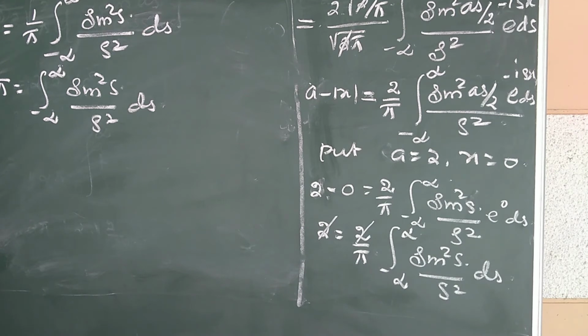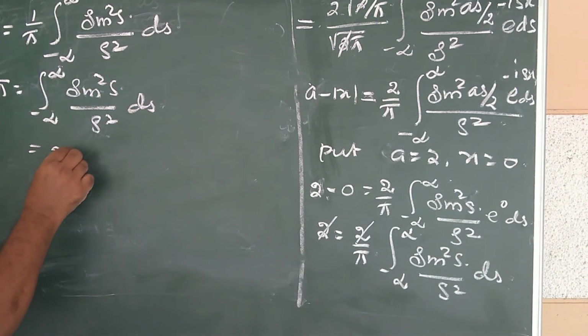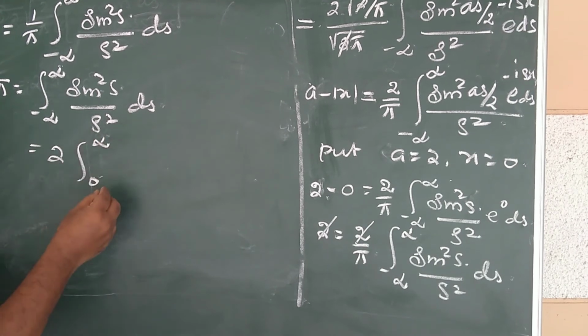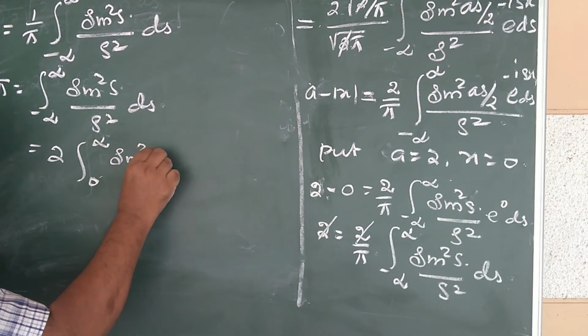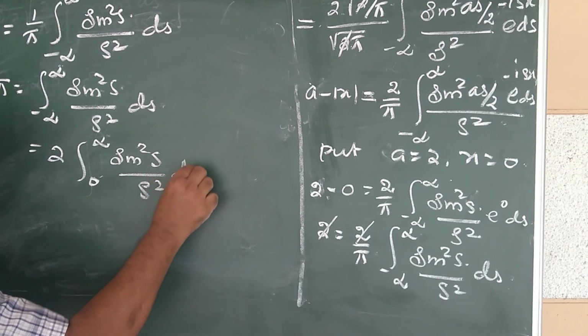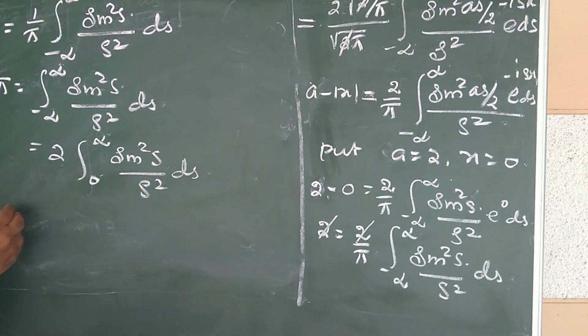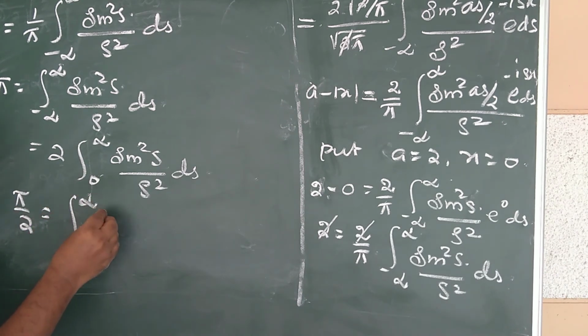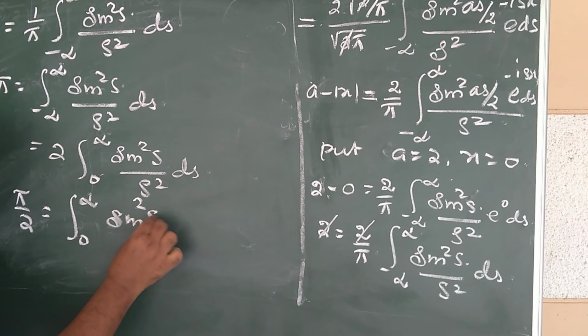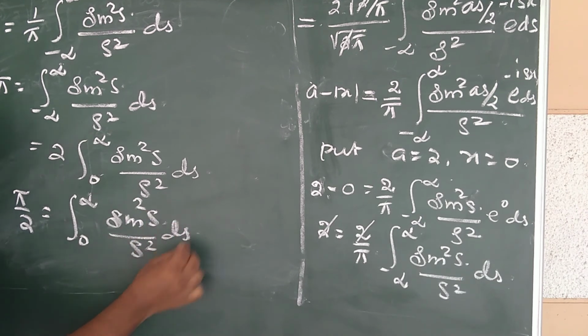Now sin theta is an odd function. Yes, it is an odd function. The square of an odd function is even, and s square is even, so the whole term is even. This can be written as 2 into the integral 0 to infinity sin square s by s square ds. You cross multiply, that is pi by 2 is equal to integral 0 to infinity sin square s by s square ds.